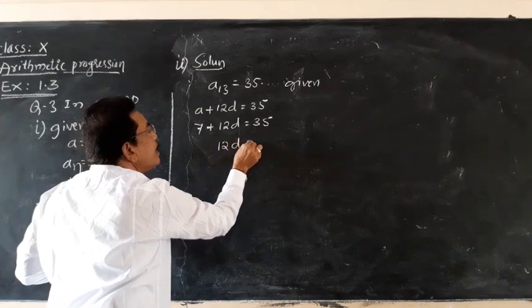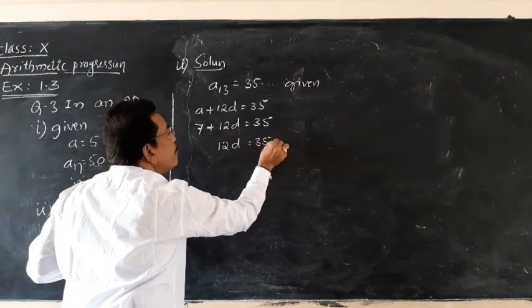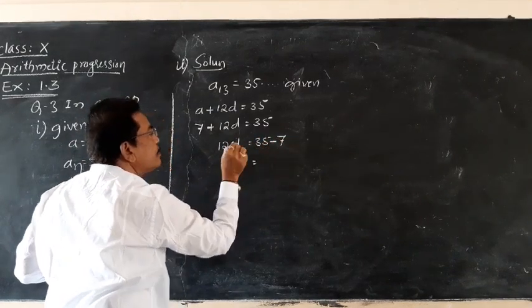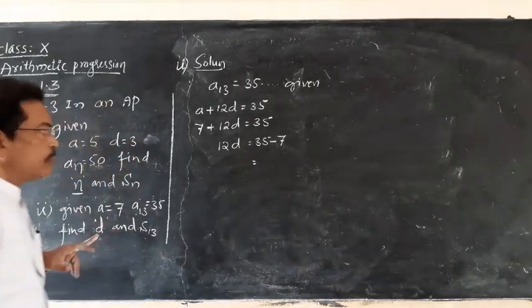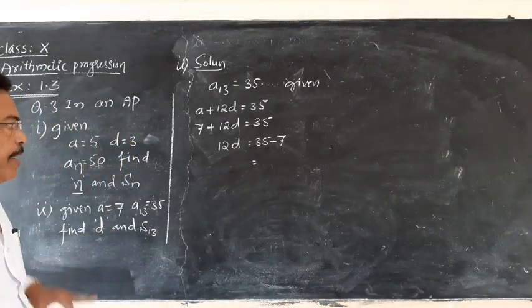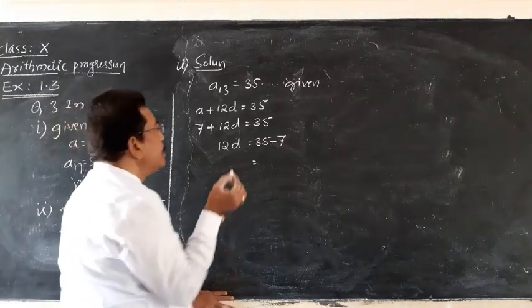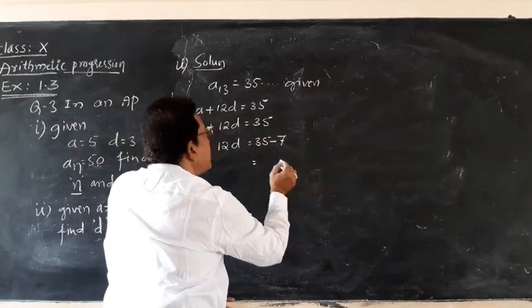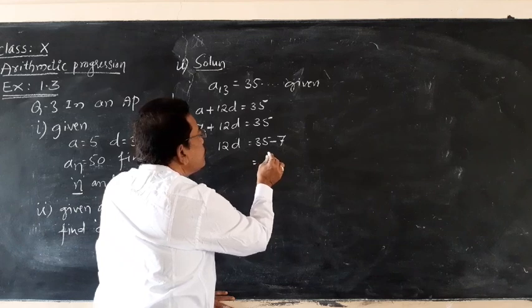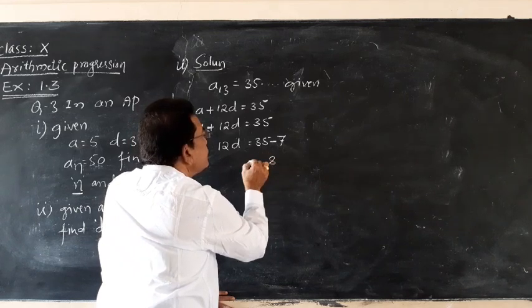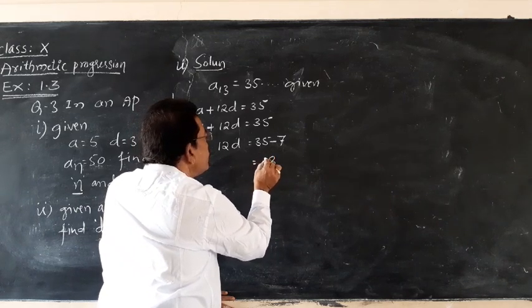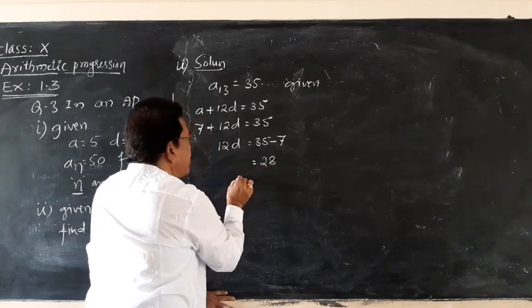12d equals 35 minus 7. Then 35 minus 7 is 28.